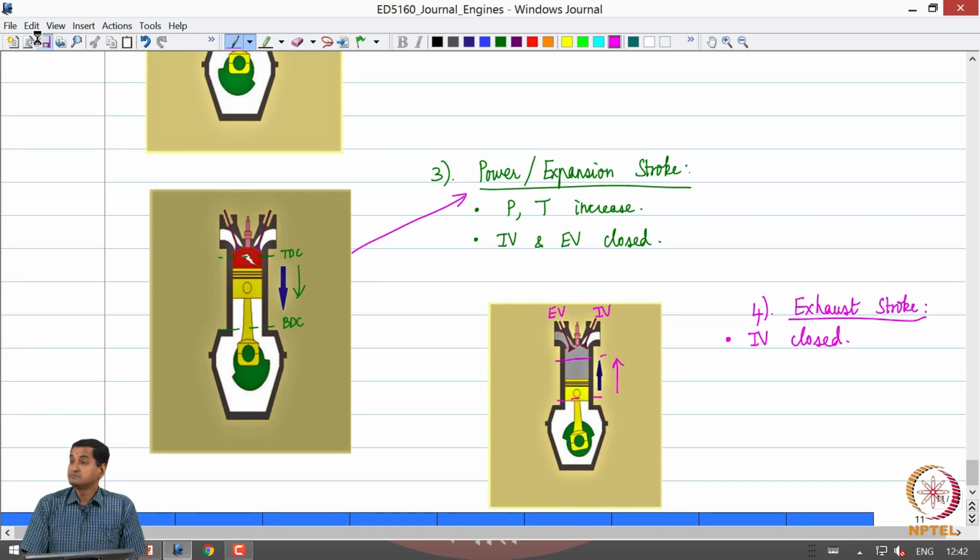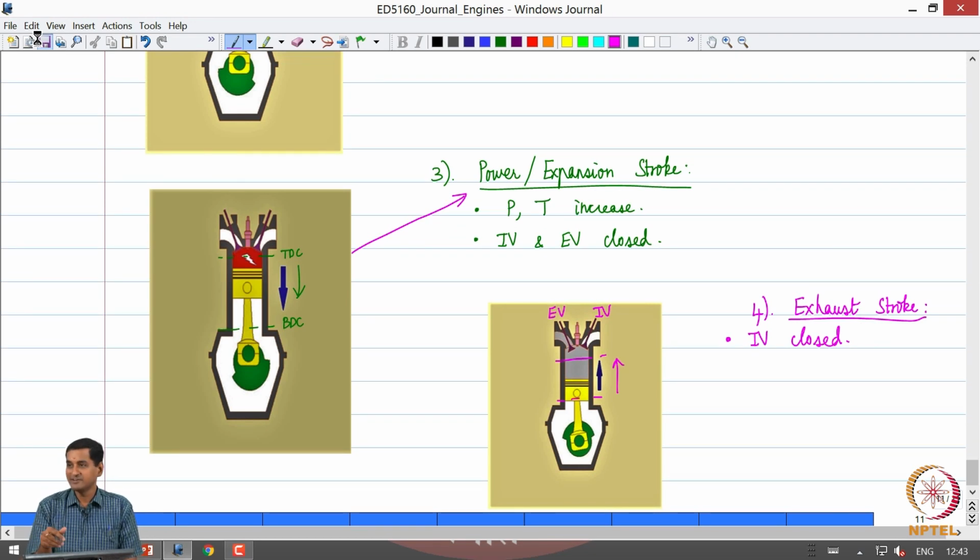Does that mean that the power stroke of one cylinder will do the compression stroke of another cylinder? The point is, the energy obtained from the expansion stroke is essentially providing the energy for the compression, suction and exhaust strokes.